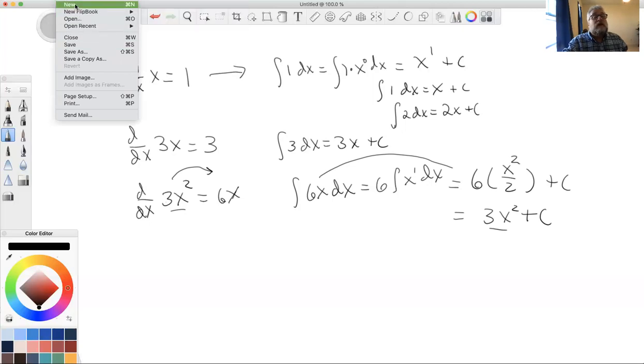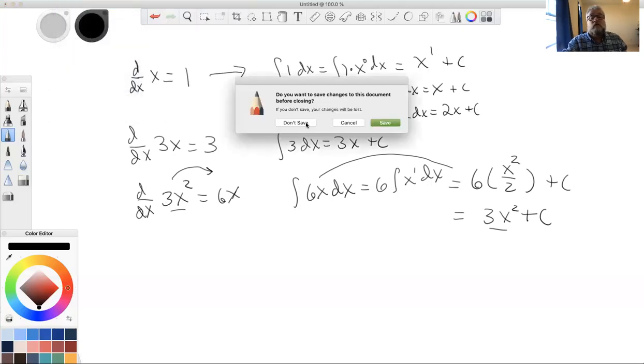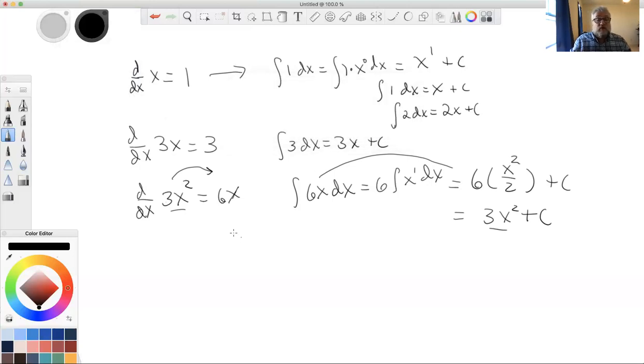Okay? Now, let's do some that are a little more fun. I just wanted to make sure that concept of derivative and antiderivative is really clear, because anytime you take an integral of a derivative, you're always going to get the original function back. And in fact, you're going to have a homework problem where, do you remember marginal revenue?